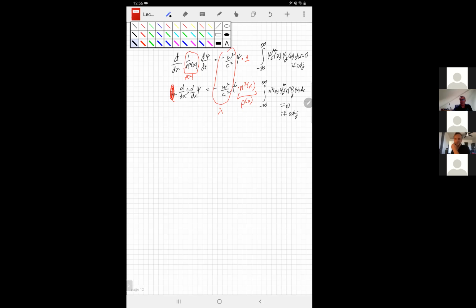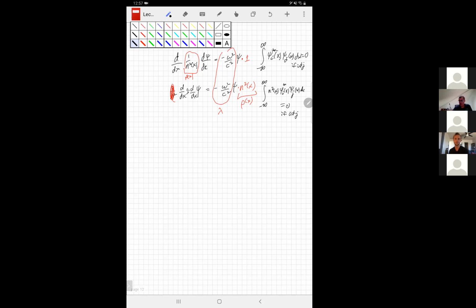We'd have to have a delta function on the right-hand side in order for any of this to make sense. But if we don't have a delta function on the right-hand side, which we probably don't, then we have to have 1 over n squared times the first derivative being continuous.